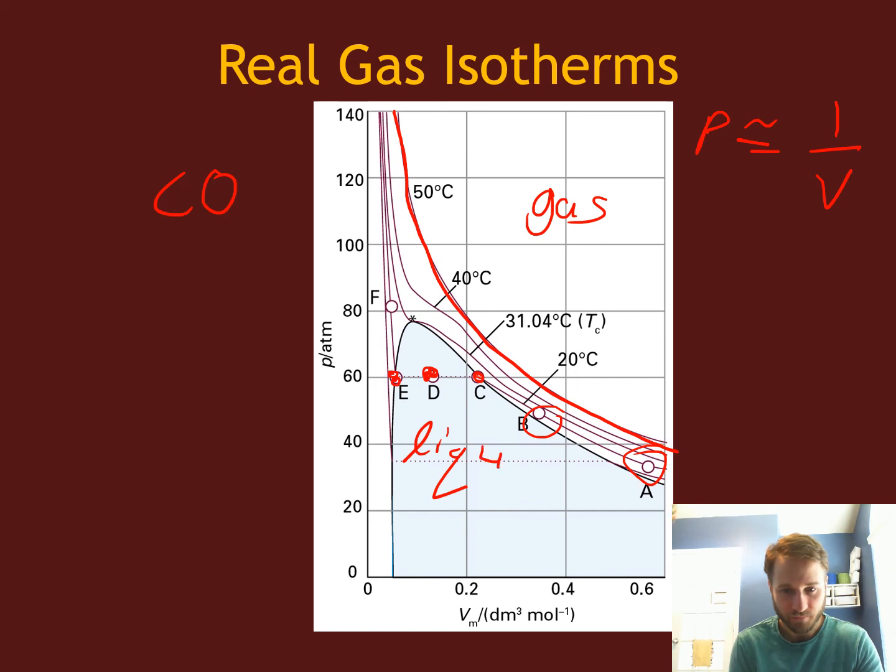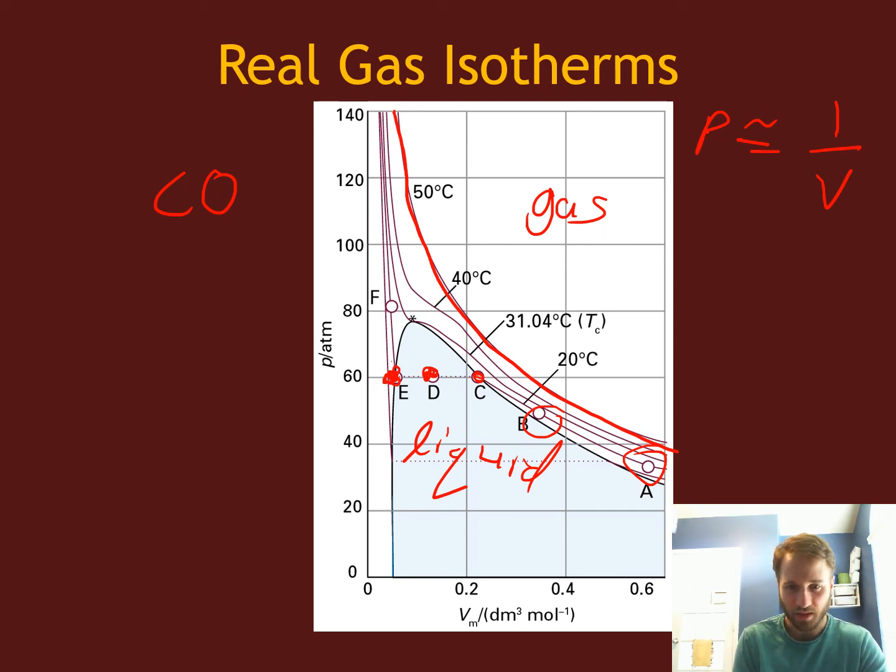At C, I'm at a molar volume and pressure that gives me this liquid-gas equilibrium, and I'm undergoing a phase transition at point C. As I compress the gas, I force more and more gas molecules into the liquid phase, until I eventually reach point E, where all of my gas is condensed into a liquid.